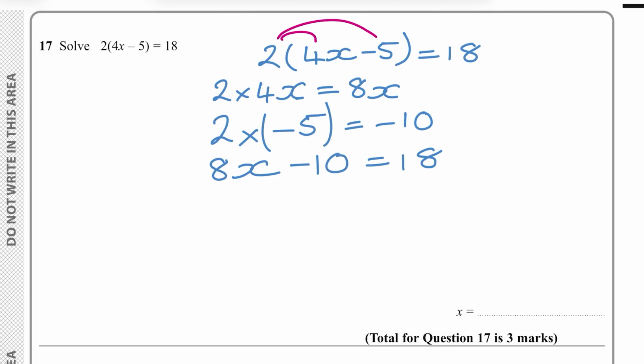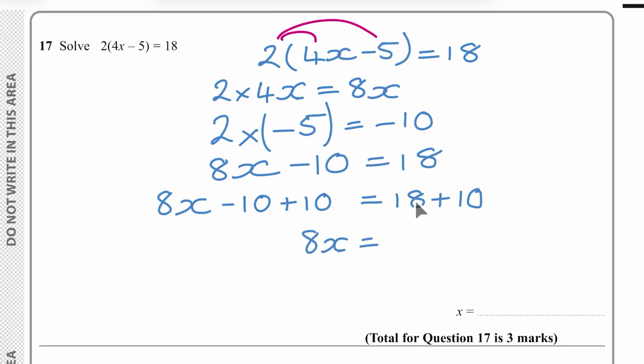Now normally, especially in your science, you could just do plus 10 there, plus 10 there. But the mark scheme wants to actually see you add the 10, which I think is quite crazy, but give them what they want. So 8x minus 10 plus 10 equals 18 plus 10. They're a little bit vague in the mark scheme about this, but that way you definitely will get the marks. And therefore, you've got a negative 10 and a positive 10. They've gone, so you're just left with 8x.